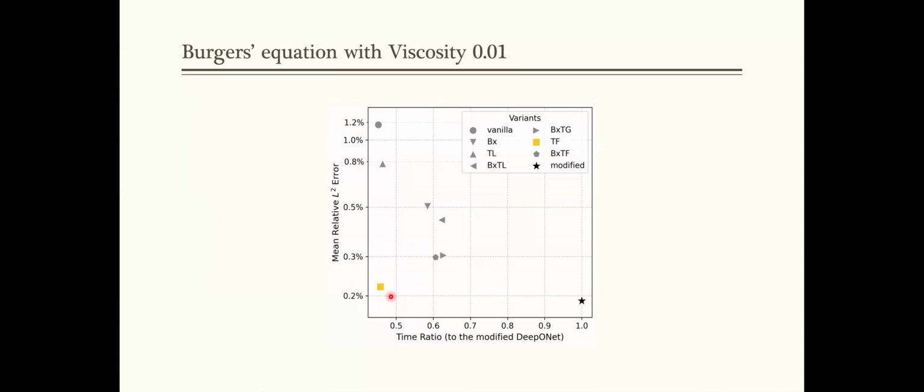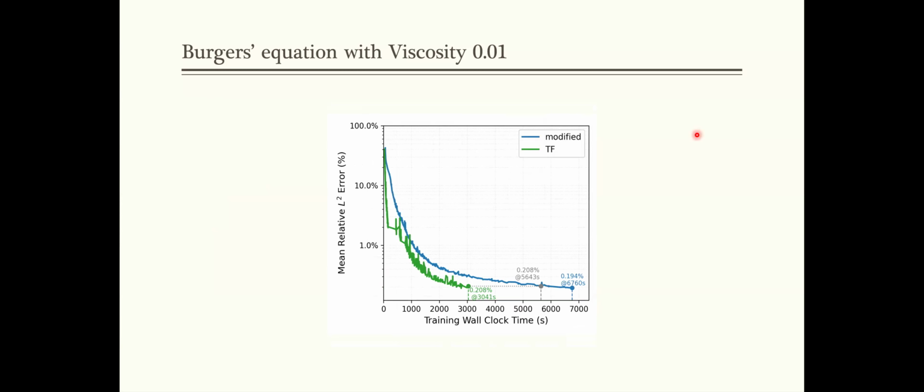We can say that with reduced training cost, the best variant TF, this golden marker, still gives comparable accuracy to the modified DeepONet, but with a much lower training cost. Again, efficiency here is due to the simple architecture of all variants inherited from the vanilla DeepONet.